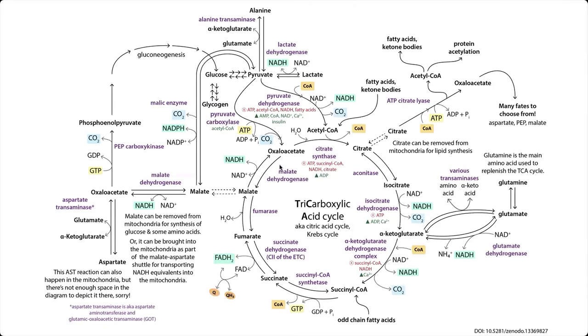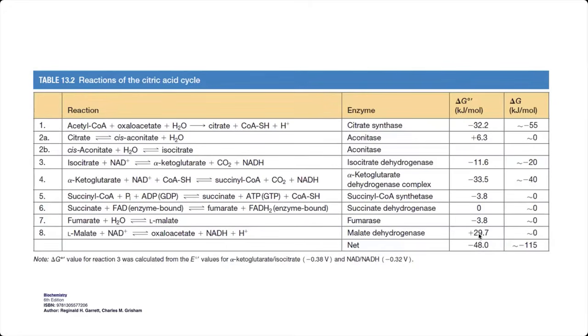So a great example of this, again, is malate dehydrogenase in the citric acid cycle, which converts malate to oxaloacetate. If we look at this reaction, we see that its delta G naught prime, and remember, the prime symbol is just indicating biochemistry standard conditions, is actually going to be positive 29.7.